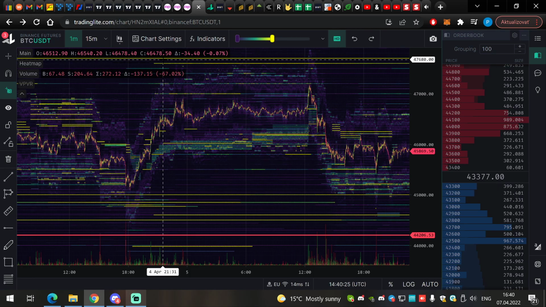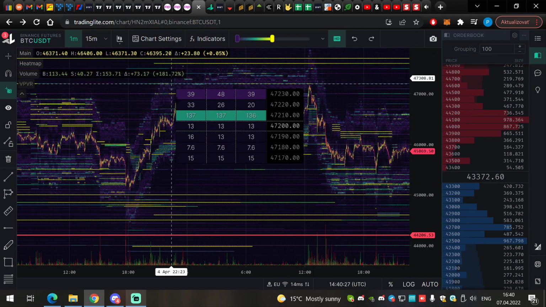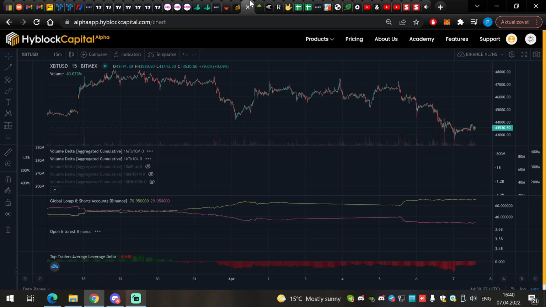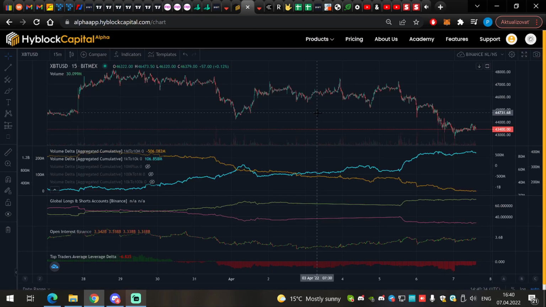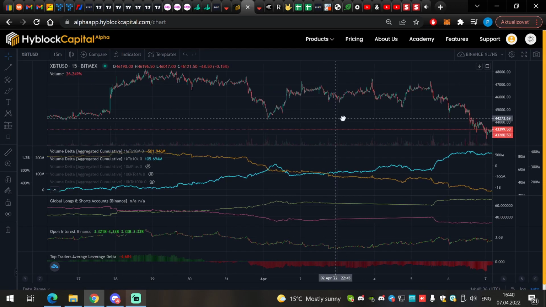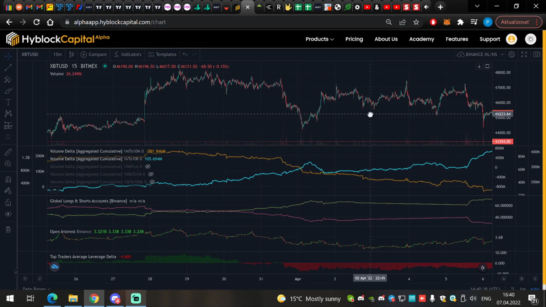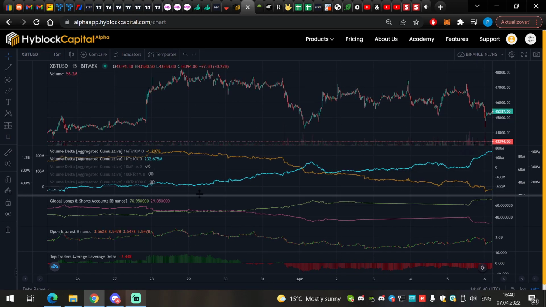I can talk about Tradinglite for some time. The blue line represents the retail volume. It's usually $1,000 to $10,000 orders on the market.